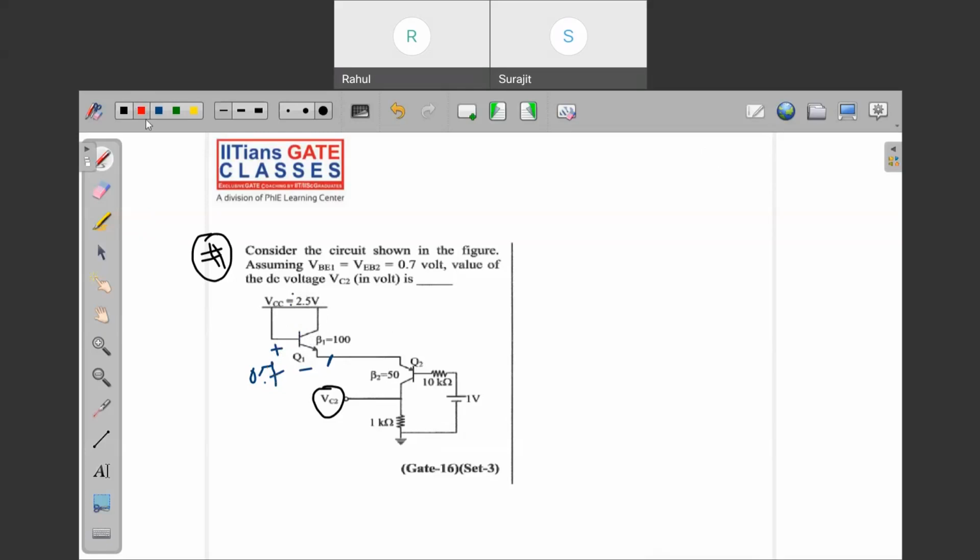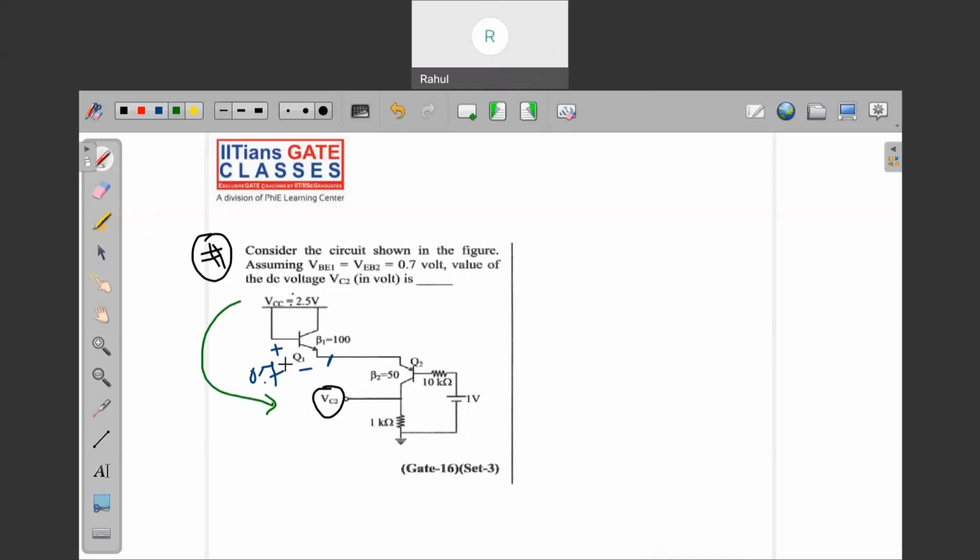Whenever a question is asked in the examination, you start attacking the question without understanding why this transistor is connected and what kind of transistor it is. Now, as I told you, whenever you come down you have to subtract, so 2.5 minus 0.7.